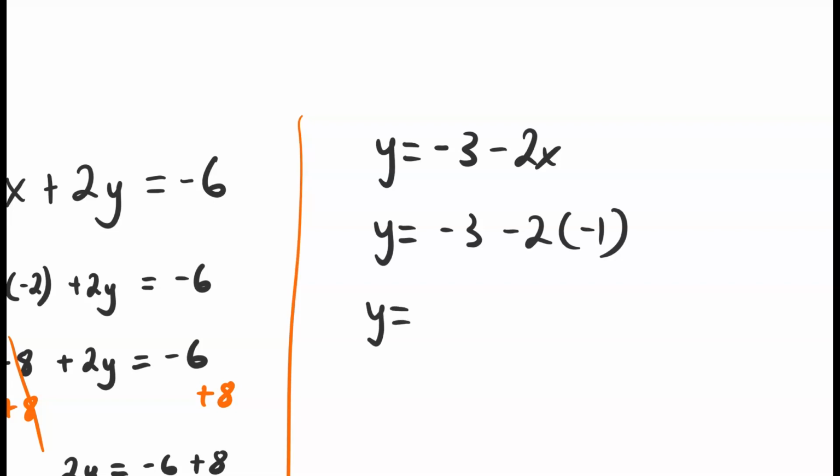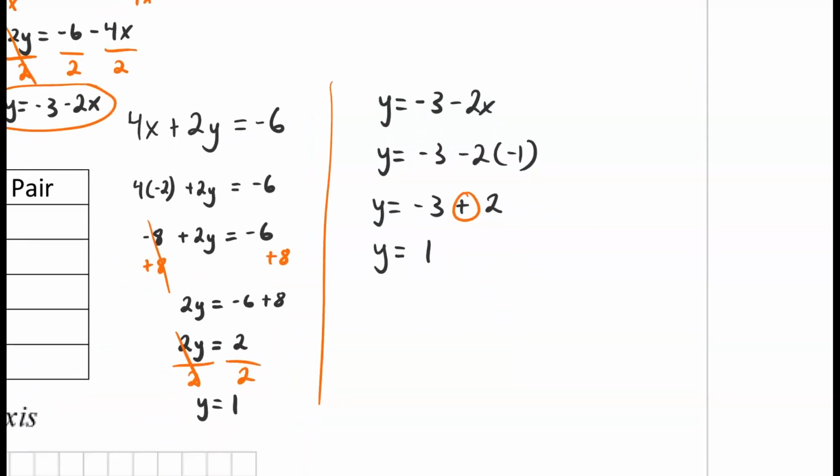Y equals negative 3. Now we have negative 2 multiplied by negative 1, which gives us a positive. So a positive here, please pay attention to that one. And it'll be a positive 2. Y equals negative 3 plus 2 gives us a 1.